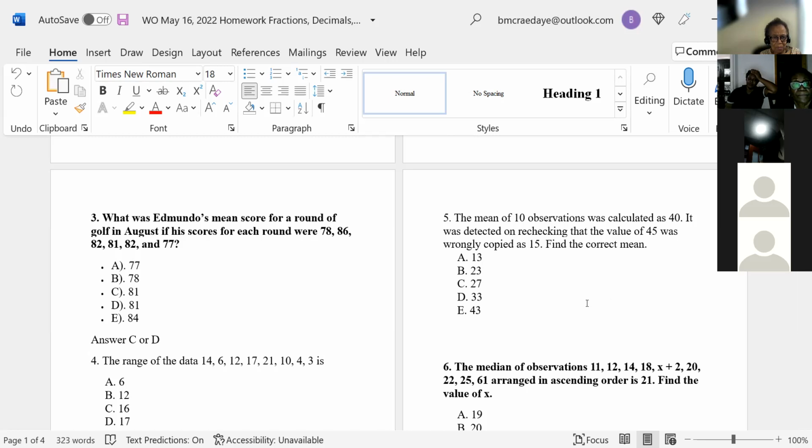Find the correct mean. Now, the value was 45, wrongly copied as 15. All right, the mean is 40.